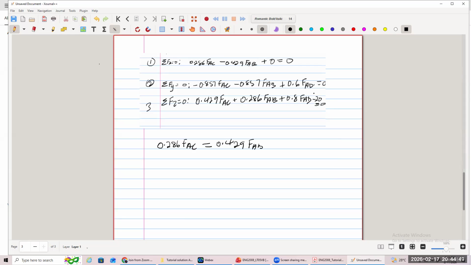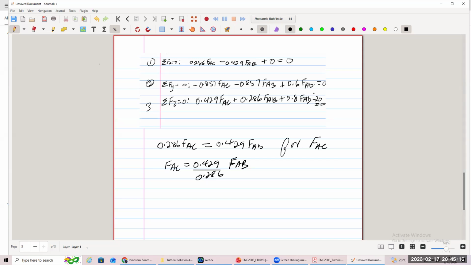You can choose to transpose it for one of them. Which one you want to transpose? AC? So you can say for F AC. And so that becomes F AC is going to be equal to 0.429 divided by 0.6. And this becomes F AB.